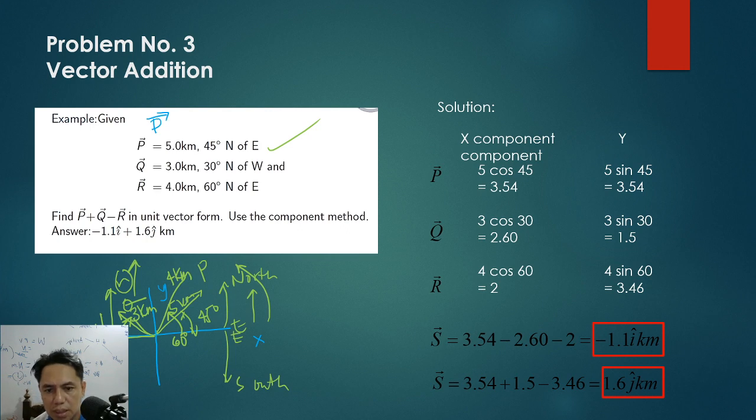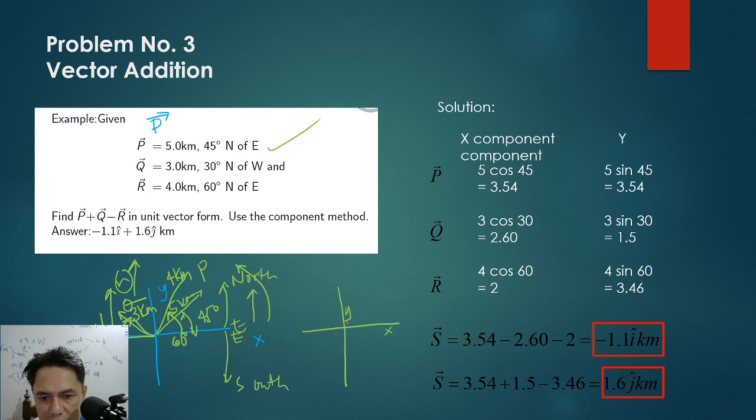Okay, so let me redraw that so that it will be clearer. Here is the x and the y, and now I'll pull out another color to have a contrast. The first component is 5 kilometers 45 degrees.